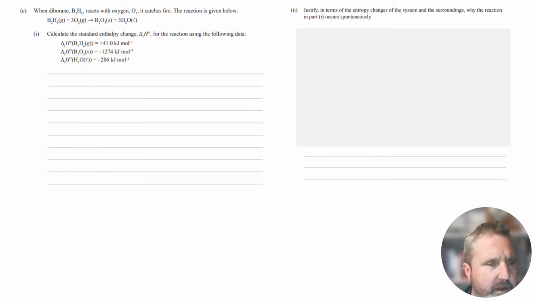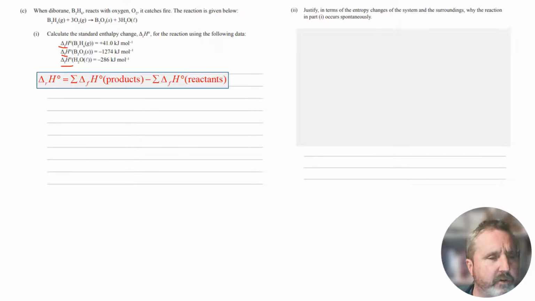Now notice each one of these points here are all formation values, right? So they're values for the formation of these molecules. What that means is we can use this equation to get our answer.